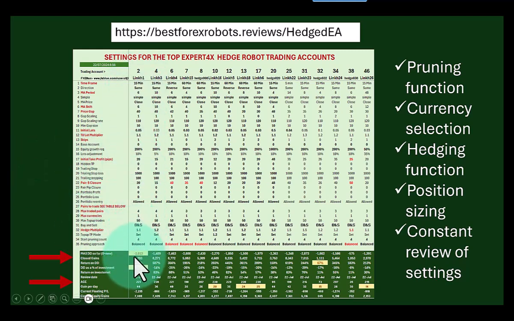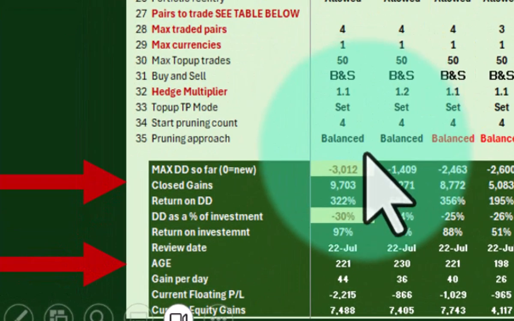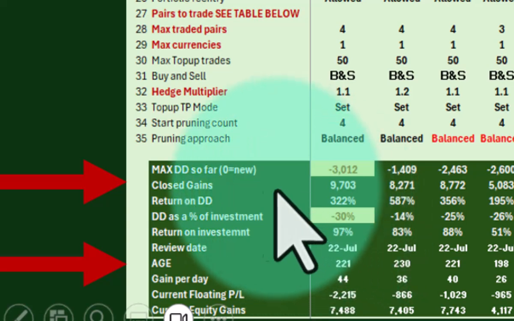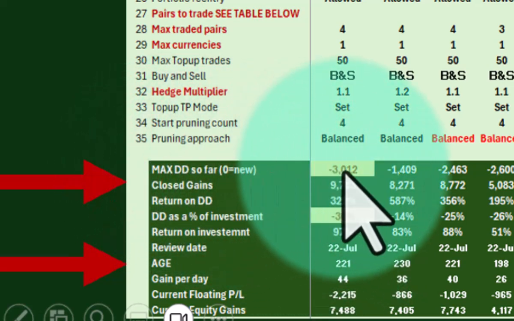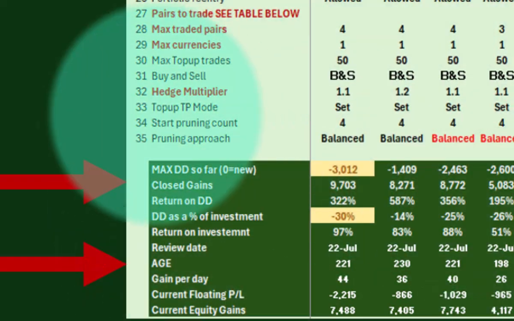Then we show you the results of these particular settings. Now, here is where the concept comes in. If you look over here, the maximum drawdown so far, and what we do is we look at the maximum drawdown over the last 2 months, not the life of the account, and I'll explain why not.